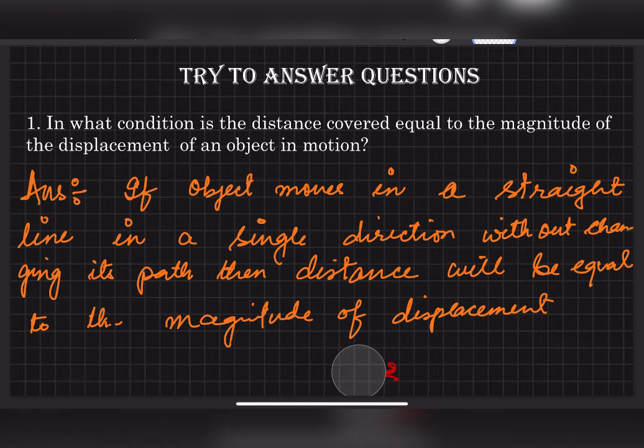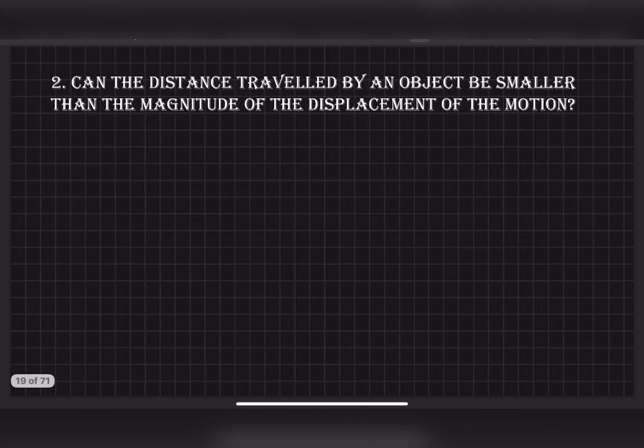Let's go next. Can the distance traveled by an object be smaller than the magnitude of the displacement of the motion? The answer is no, never.